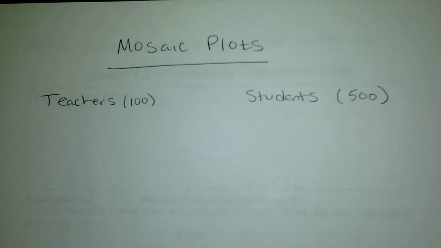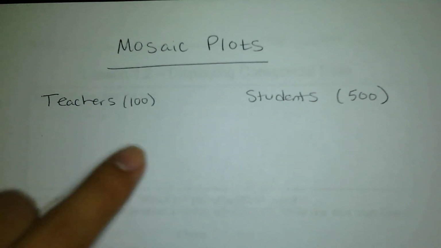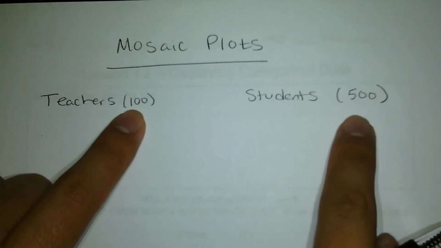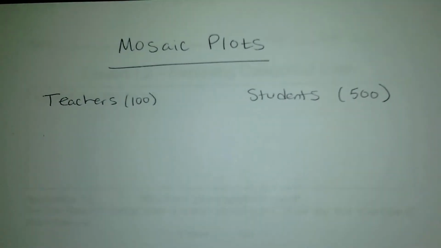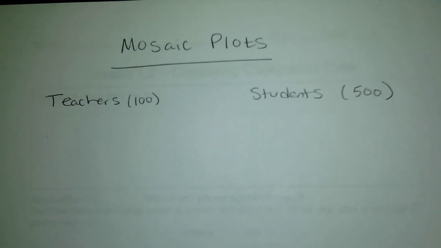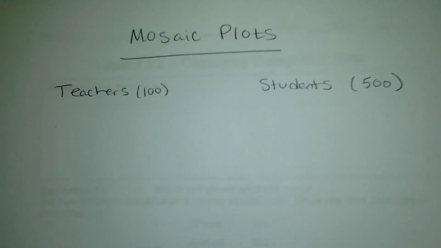So, for example, let's say Mr. Pinto is surveying teacher and student opinions on favorite class subject at school. So Mr. Pinto interviews 100 teachers and 500 students. Okay, so let's say of these 100 teachers, and y'all, I'm going to keep it pretty simple just for the sake of display and example.